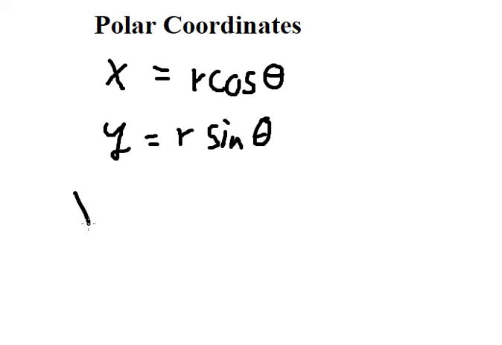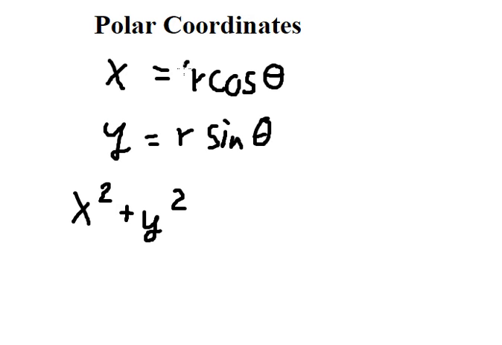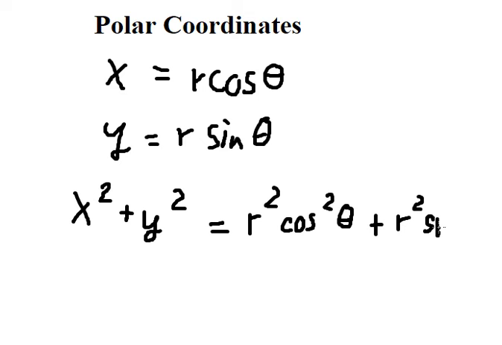And now if we have x squared plus y squared, I will put this one going here and this one going here. That is equal to r squared cosine squared theta plus r squared sine squared theta.